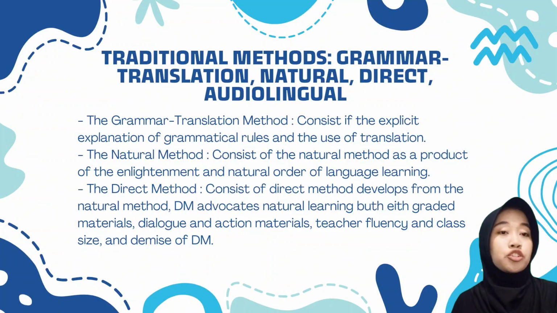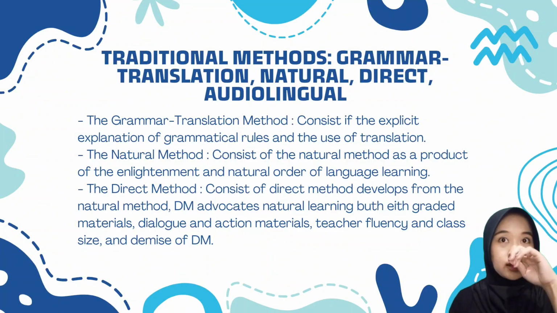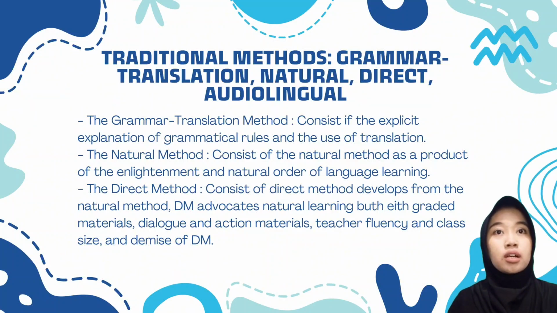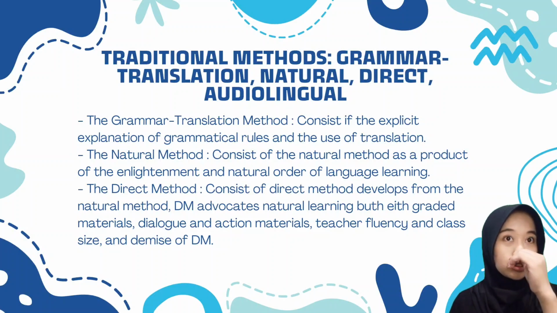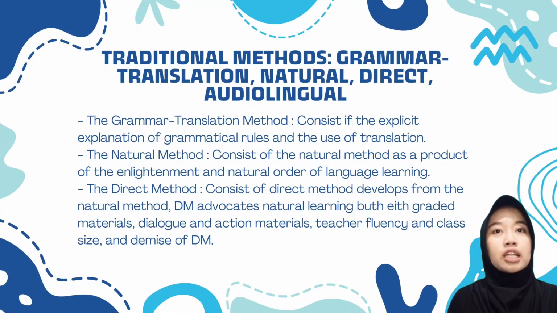Number 2, the natural method. The natural method developed during the Enlightenment as a response to grammar translation, inspired by thinkers like Comenius, Rousseau, and Pestalozzi, based on how children naturally acquire their first language.